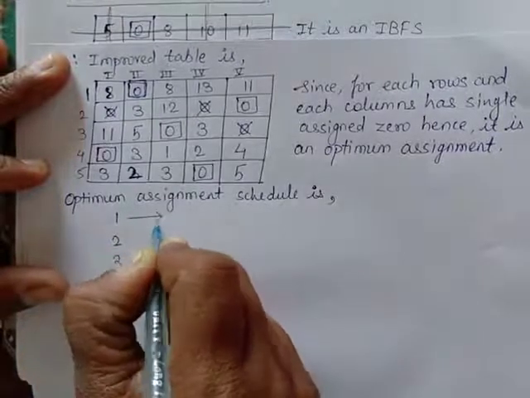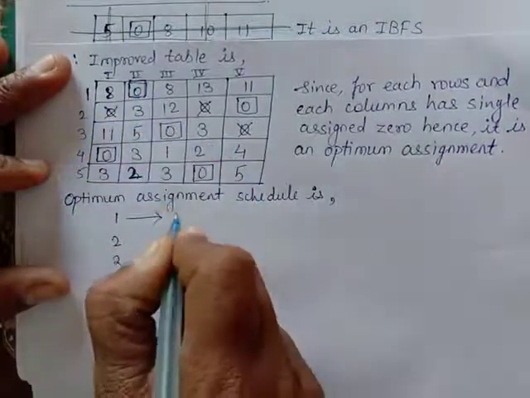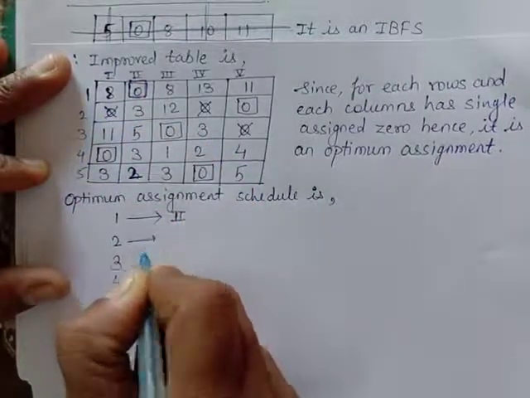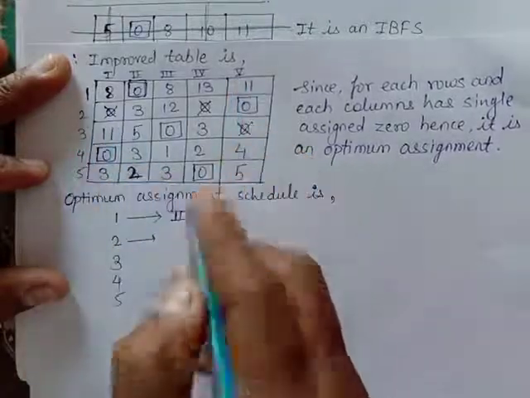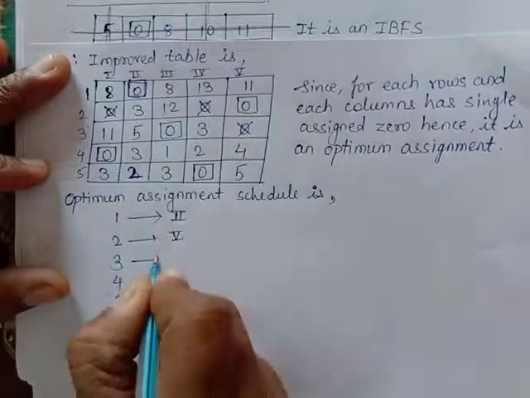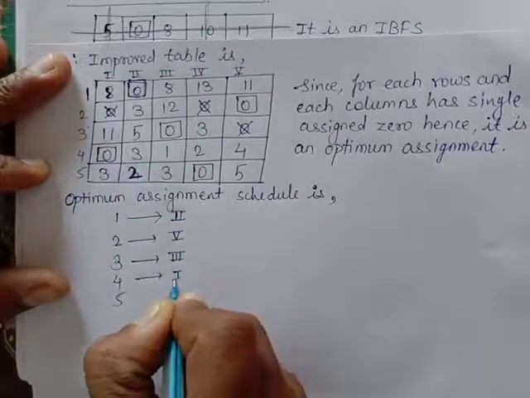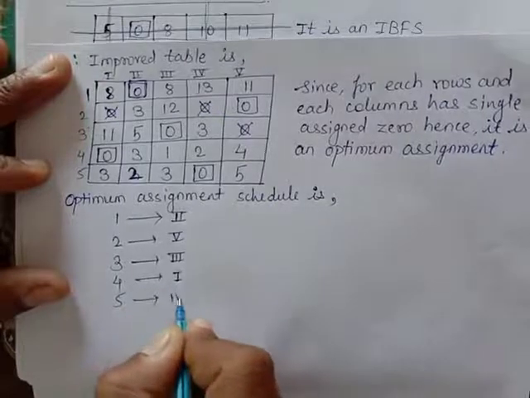Now operator 1 will be assigned to which machine? This is the second machine, so second. Operator 2 will be assigned to which machine? This is the fifth one. Third will be assigned to the third one. Fourth will be assigned to the first one, and fifth will be assigned to the fourth one.